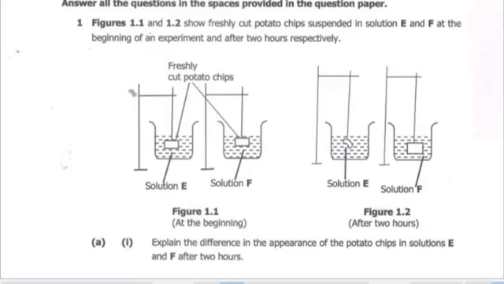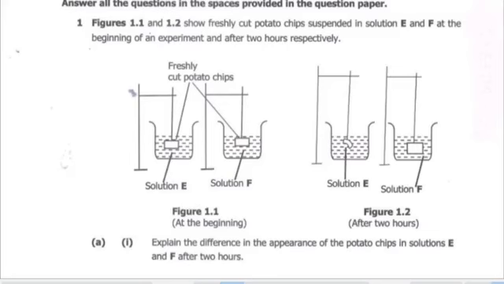Our question 1 reads, Figure 1.1 and 1.2 show clearly fresh cut potato chips suspended in solution F and solution E at the beginning of an experiment and after 2 hours respectively. So we have our figure 1.1 here, and we also have our figure 1.2 right here.